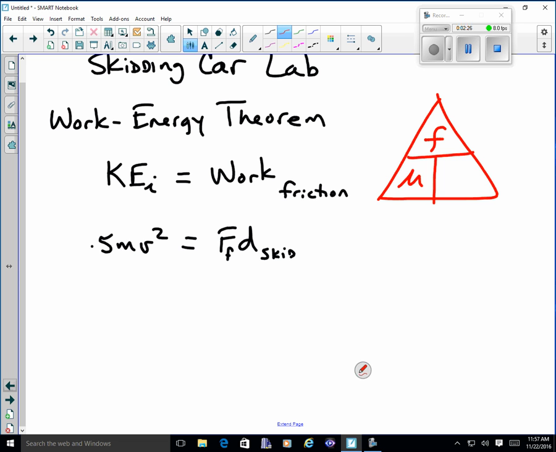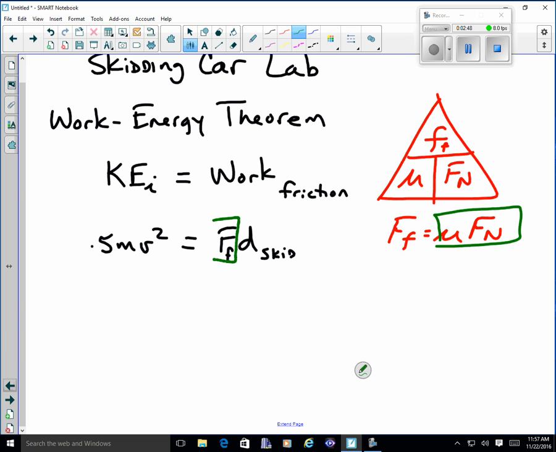Or you could say that friction is fun. Remember that one? So since I don't know friction force, what formula can I put in for it? That's right, mu times Fn. So over here for the friction force, I'm going to substitute that in.